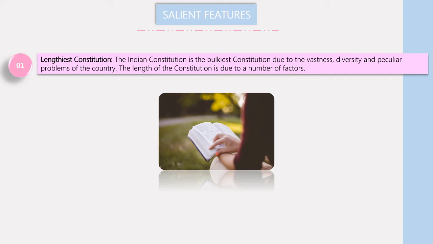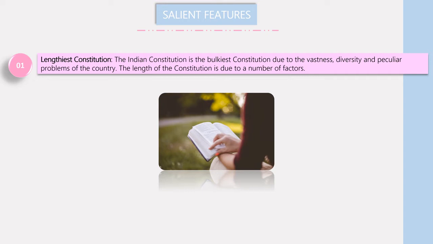Sixth, the Constitution has a section which deals with the scheduled castes and tribes and backward classes and Anglo-Indians in Part 16. Seventh, the Constitution has a section on official language in Part 17, and in Part 18 emergency provisions are embodied.